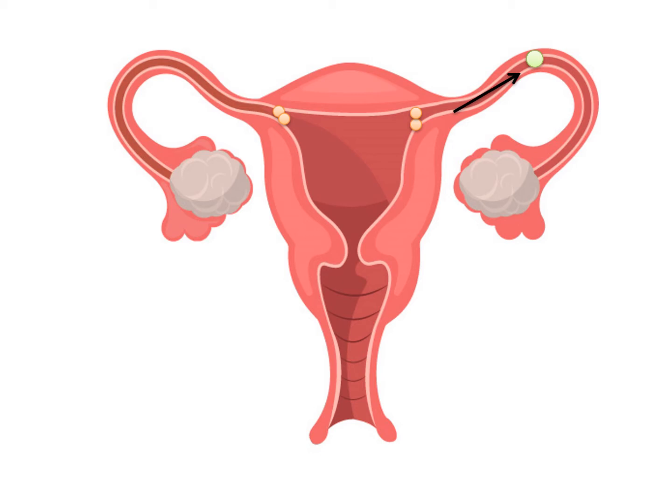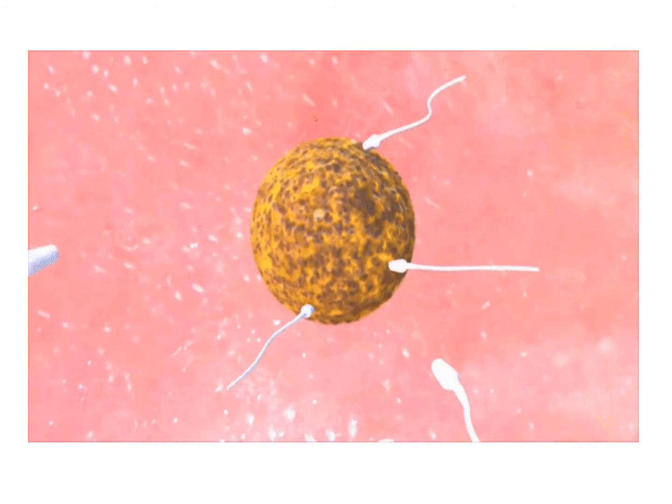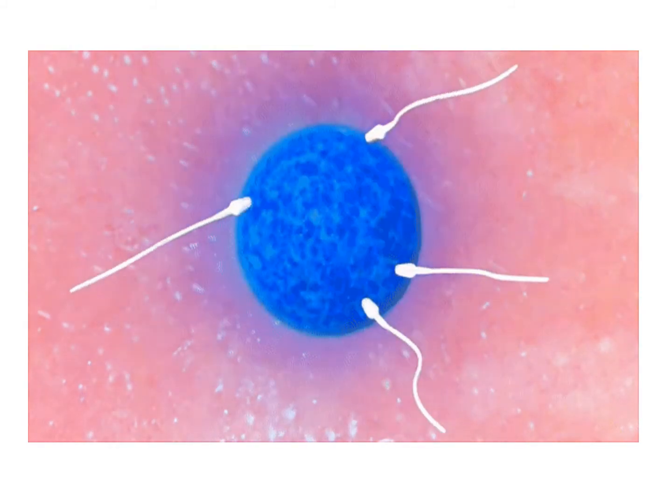So from several sperms which have reached on the right, very few make it to the egg and they fertilize the egg. This process of the union of a sperm and an egg is called fertilization. Even though many sperms meet with the egg, only one can enter into the egg.